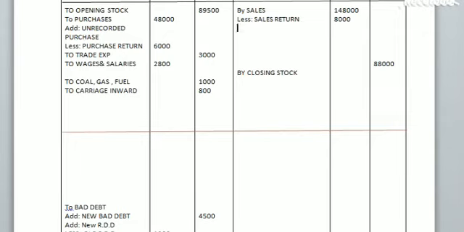By partners' withdrawn, name of the partner Rucha, amount will come in inner column.